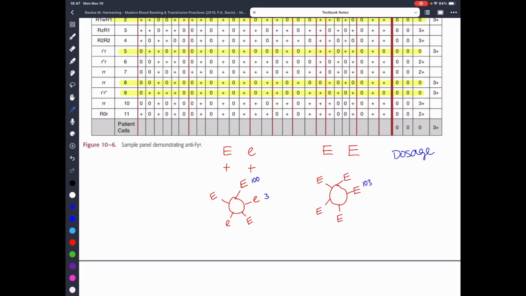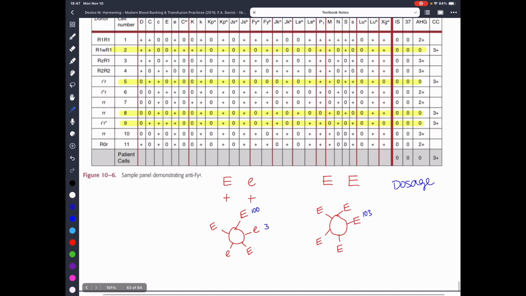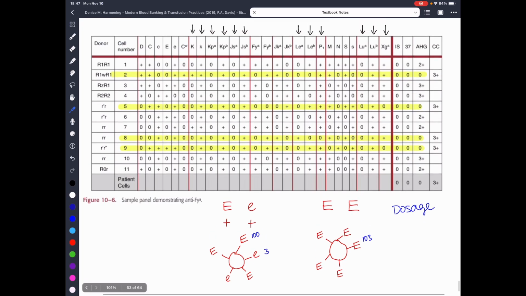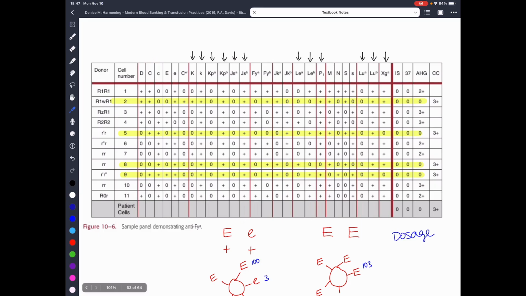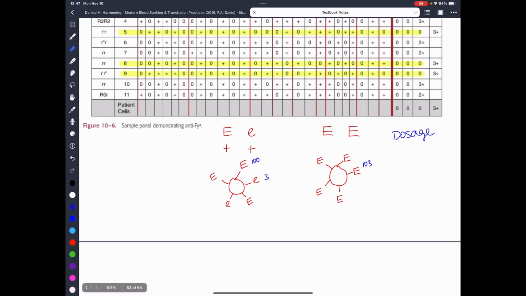Maybe the patient did have antibodies against one of these, but it wasn't a reliable reaction. There wasn't enough reaction. Maybe something didn't happen correctly and we get a false negative. So it is standard practice for the ones without arrows to be ruled out only if they're homozygous, like this right here.